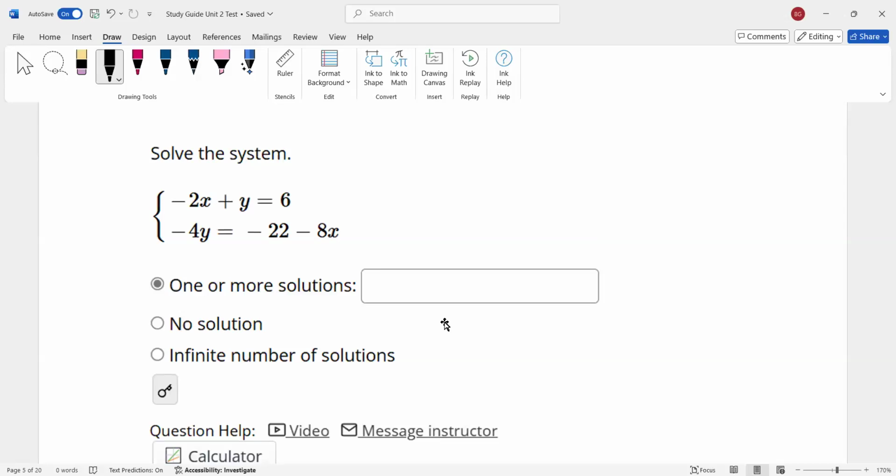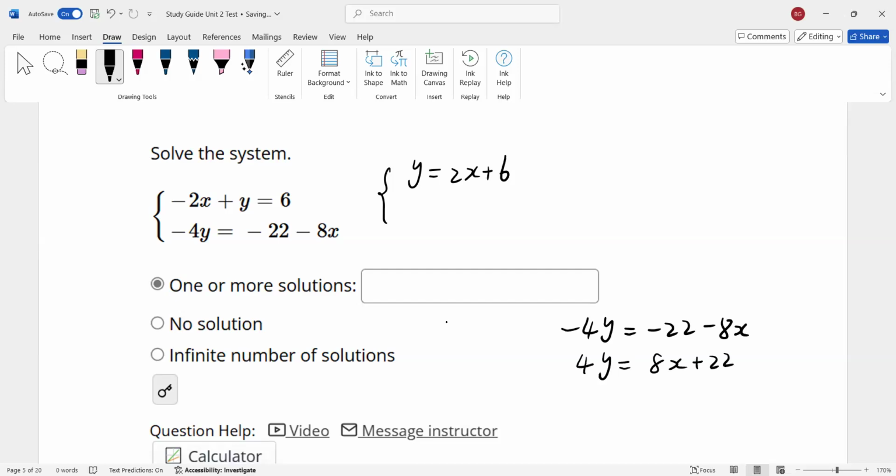I actually would rewrite the 2 equations in slope-intercept form to help me understand the relationship of the 2 straight lines first. Okay, I got my answer.